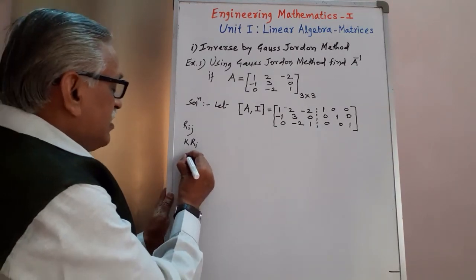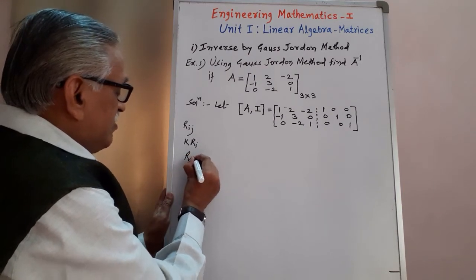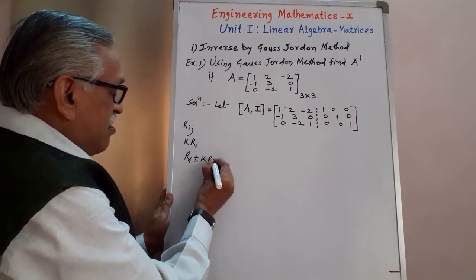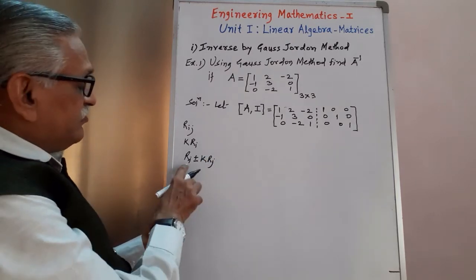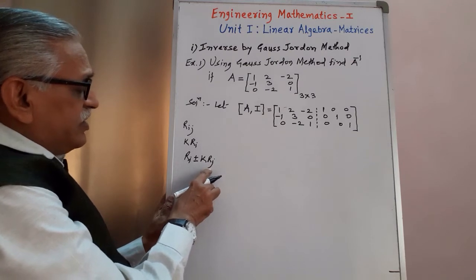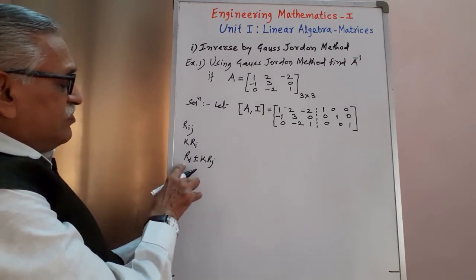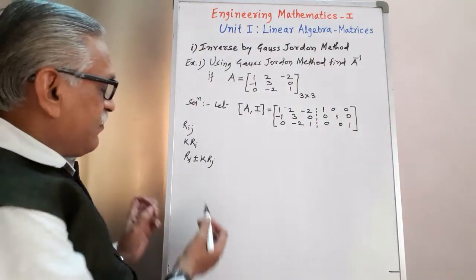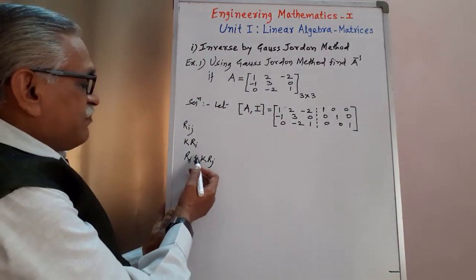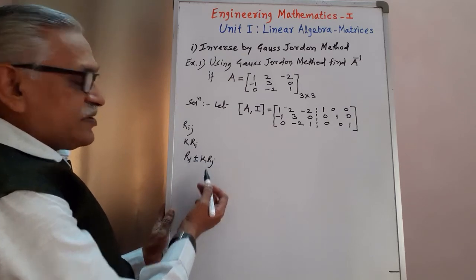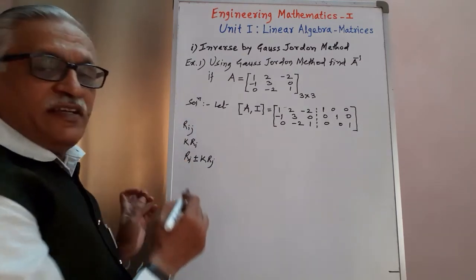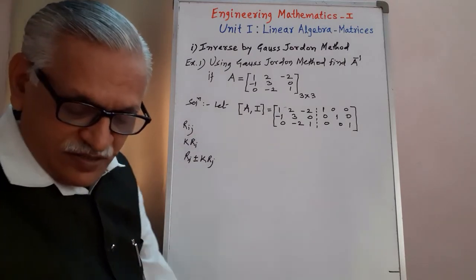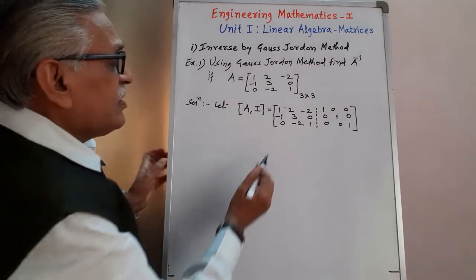And third, Ri plus or minus k times Rj. Means using any jth row, we can find the changes in ith row by performing this type of calculation, Ri plus or minus k times Rj. These are the only 3 elementary row transformations. Therefore, I am using this type of elementary row transformation.